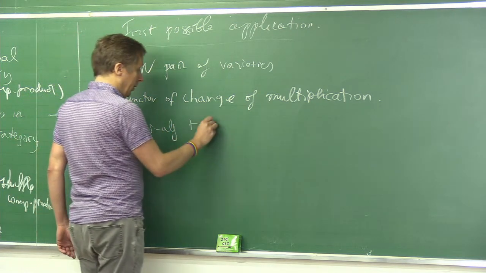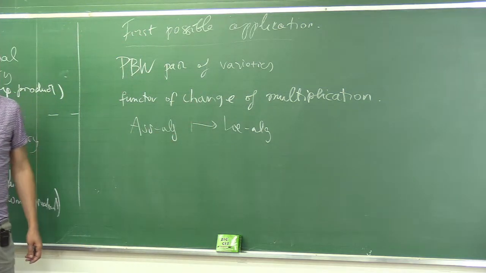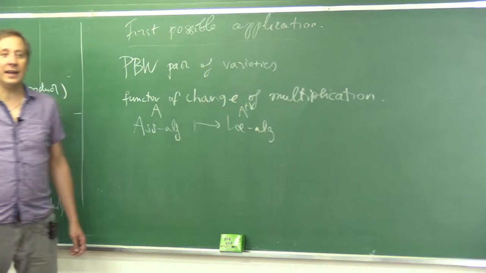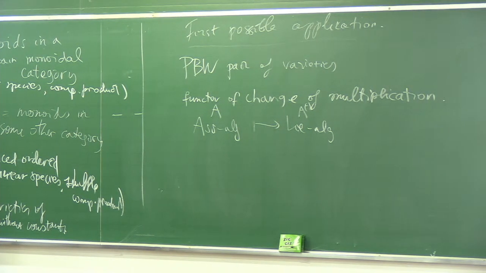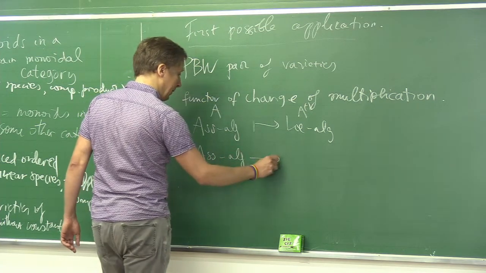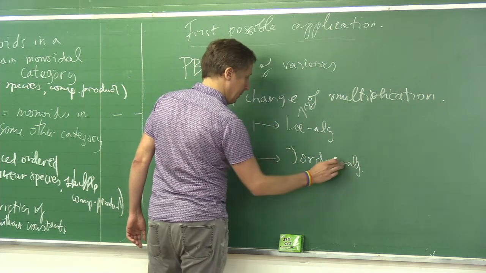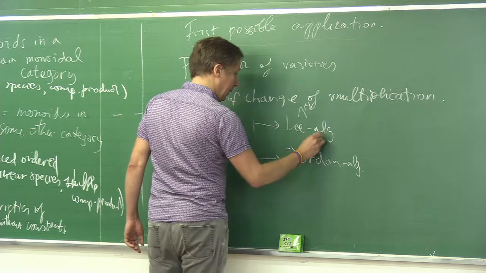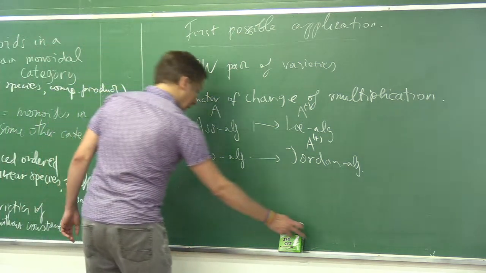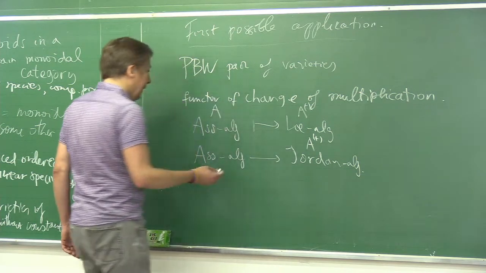There is a very well-known functor from associative algebras to Lie algebras. Take an algebra A and consider the algebra A minus, the same vector space with the operation ab minus ba. There is a similar functor to Jordan algebras, where you take A plus, with the operation ab plus ba.